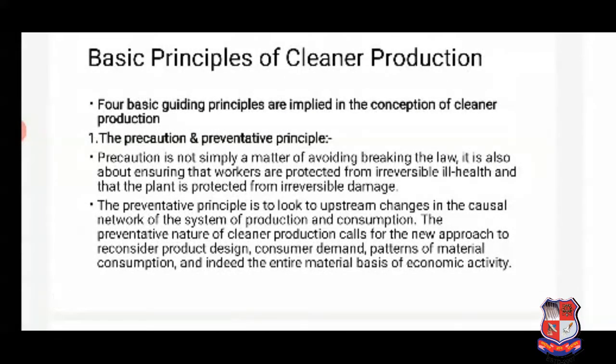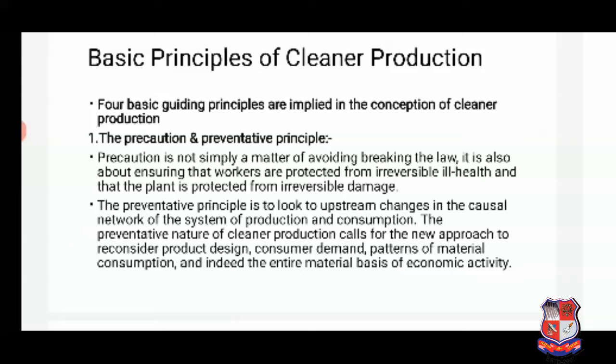Let's see the basic principles of cleaner production. There are 4 basic principles of cleaner production. The first one is the precaution and preventive principle. Precaution means it is not simply a matter of avoiding breaking laws. It is also about ensuring that workers are protected from irreversible ill health and that the plant is protected from irreversible damage. The preventive principle is to look to upstream changes in a network or system of production and consumption.